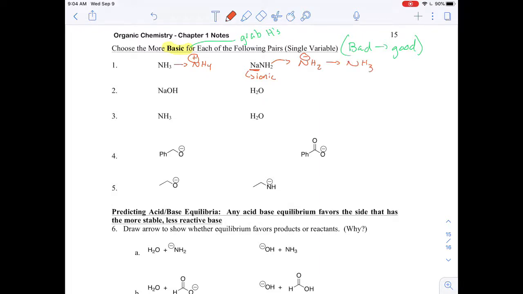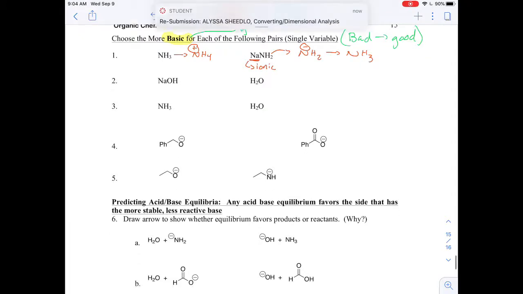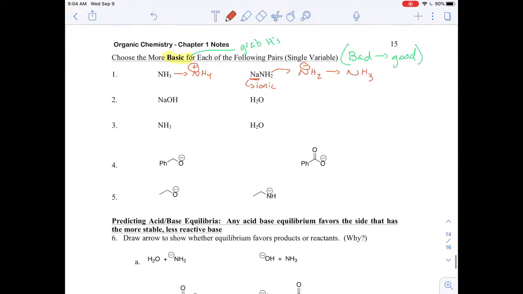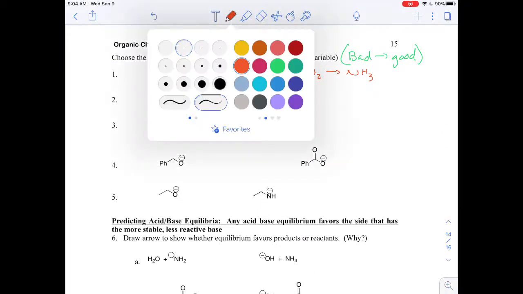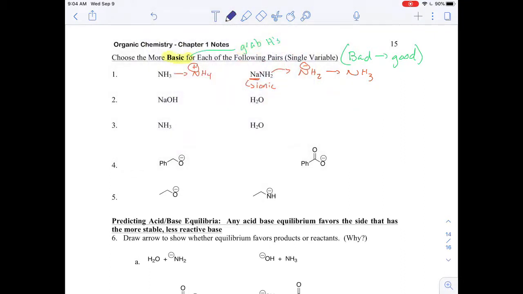So which one am I doing? It's still about charge, then it's about electronegativity, then it's about resonance as a tiebreaker. So because this has a charge, that's my answer.